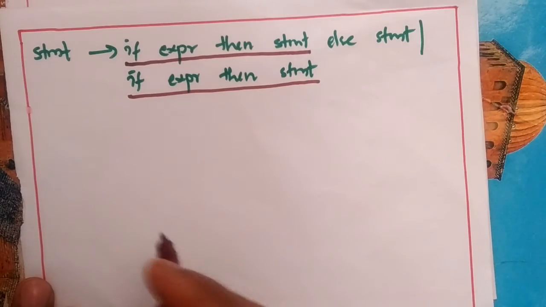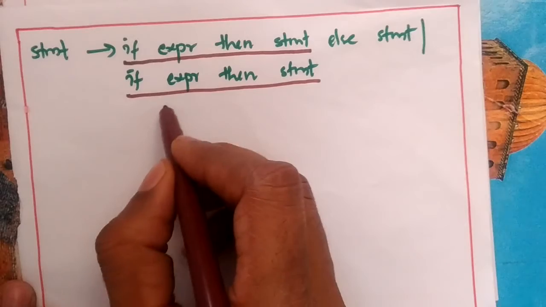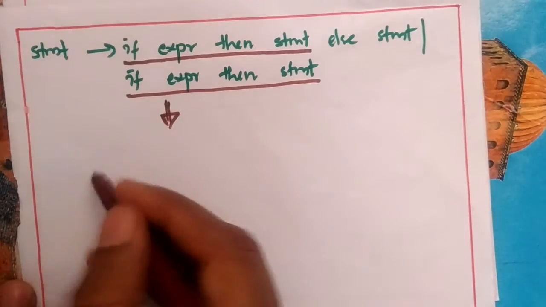Then how can we left factor it? First of all, I will represent the same grammar in another way.